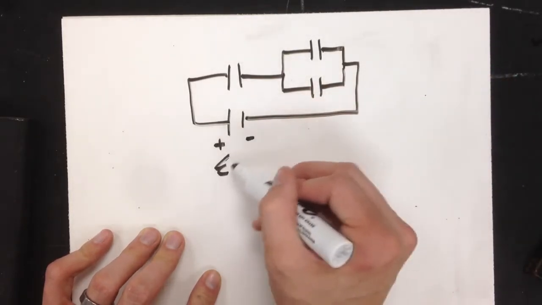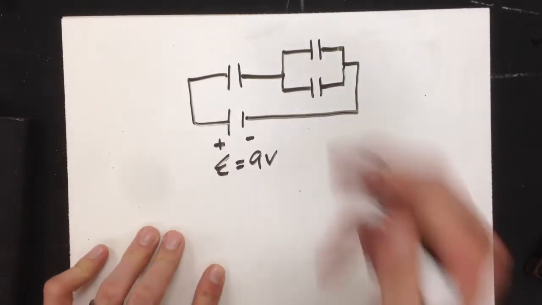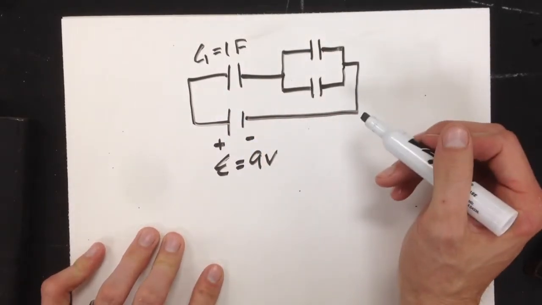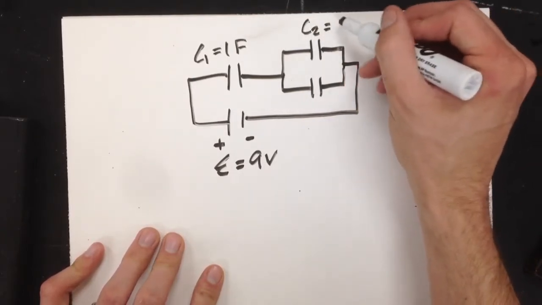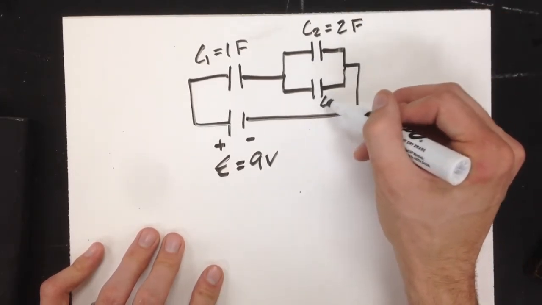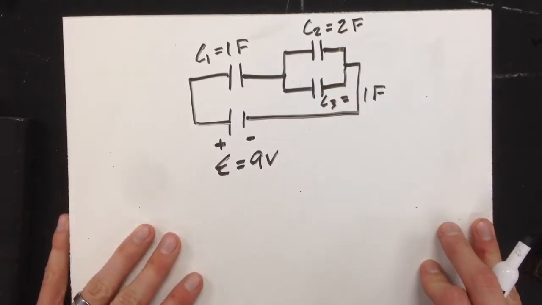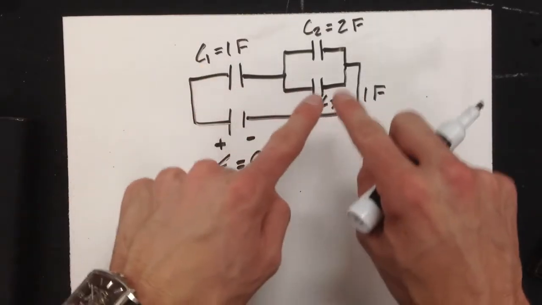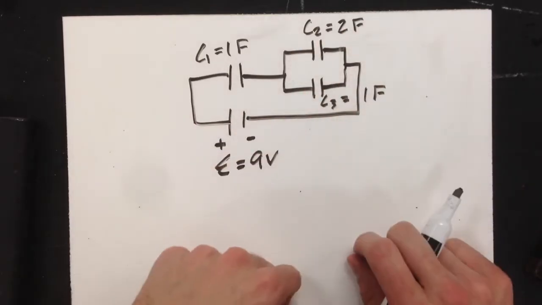Let's say the battery has a 9-volt potential difference, and I'll call this first capacitor C1, with a capacitance of 1 farad. I'll call this capacitor C2, with a capacitance of 2 farads. And this bottom capacitor C3 also has a capacitance of 1 farad. My goal is to figure out the charge on each capacitor and the voltage across each capacitor.